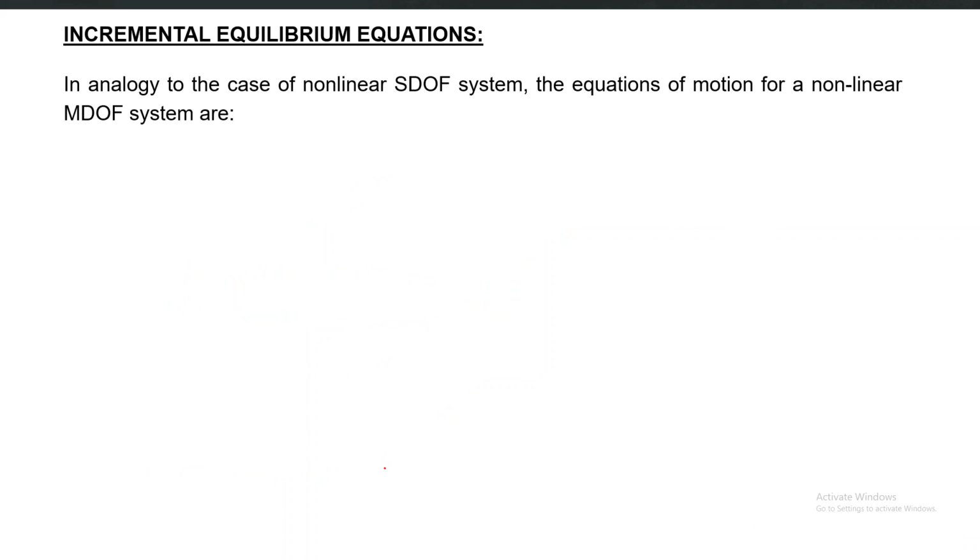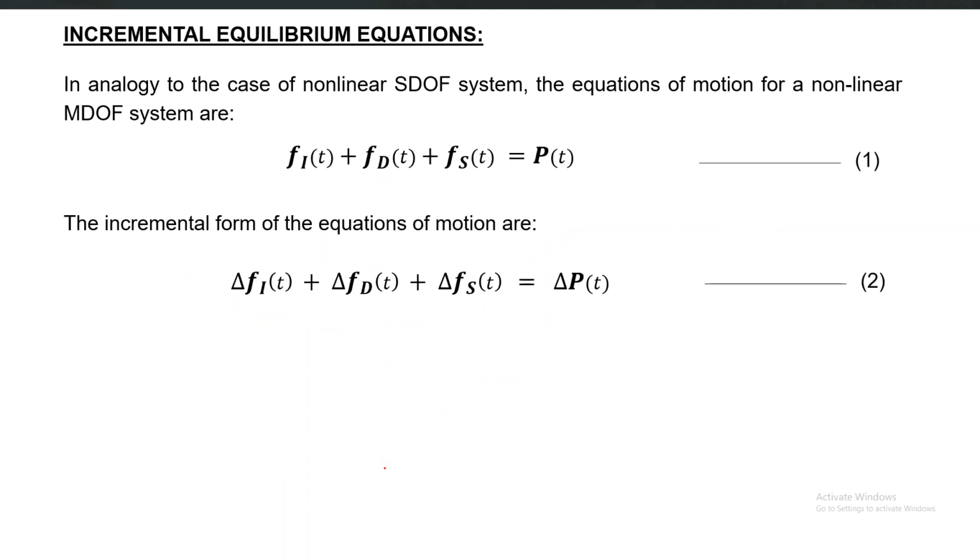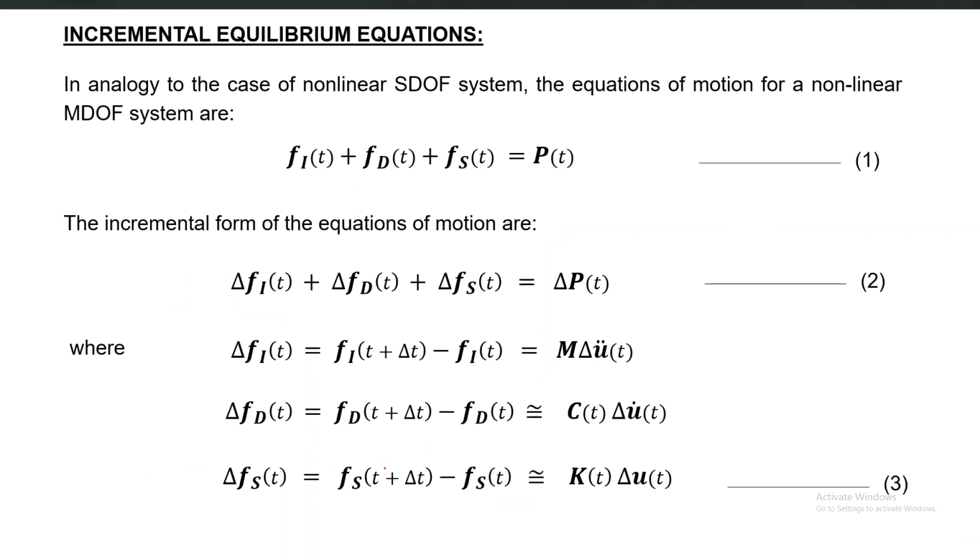So let's start with the incremental form of the governing equation of motion, which is the basis for the development of step-by-step direct integration methods. In analogy to the case of nonlinear single degree of freedom systems, the equation of motion for nonlinear multiple degree of freedom systems is: we have the inertial force vector plus damping force vector plus the elastic restoring force vector is equal to the applied force vector P of t.